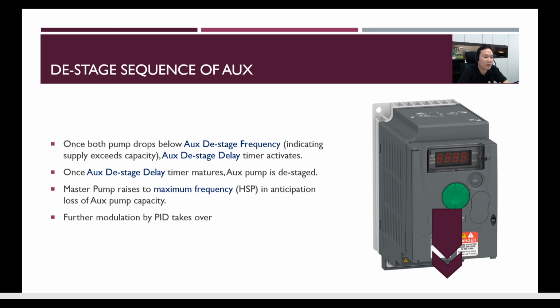So in anticipation of this, it raises the response of the primary motor to the maximum frequency. And if it is still exceeding what is needed, further modulation will take over and reduce the speed. So this is a very smart sequencing.